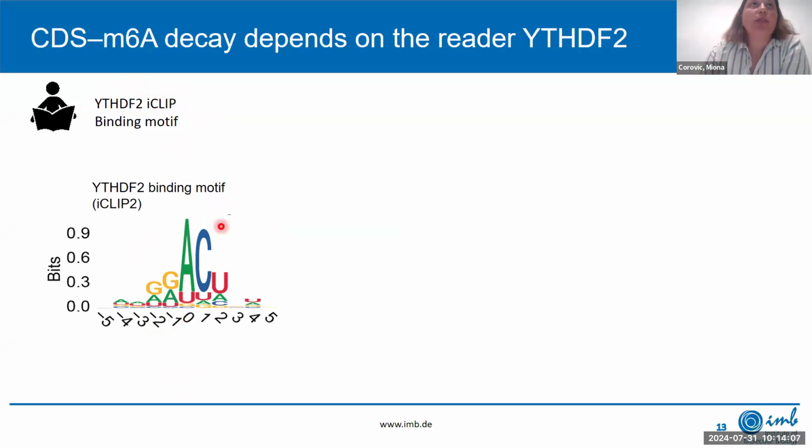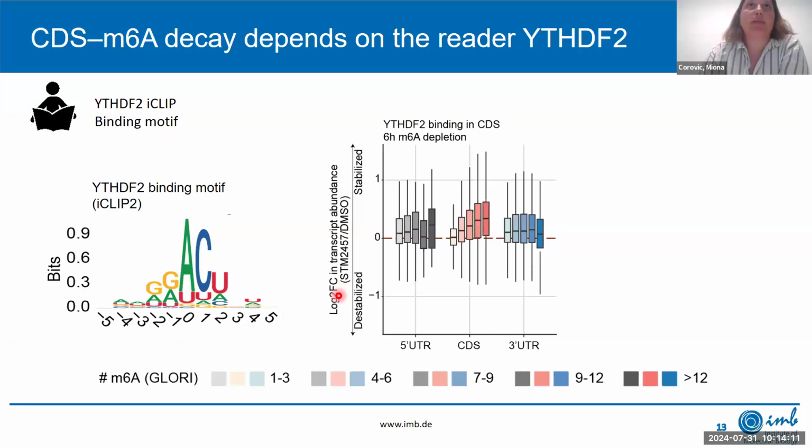And then we used this binding map of YTHDF2, and we made a plot very similar to the one I showed you in one of the first slides, where we are looking at the log2-fold change in transcript abundance upon 6 hours of M6A depletion. But now we separated transcripts, and here we are looking only at the transcripts where YTHDF2 is binding in the CDS. And as you can see, we still have this strong impact of the CDS M6A sites.